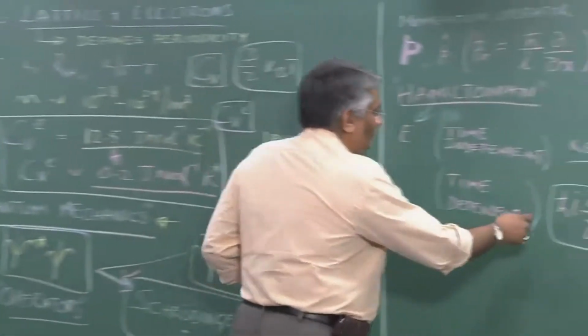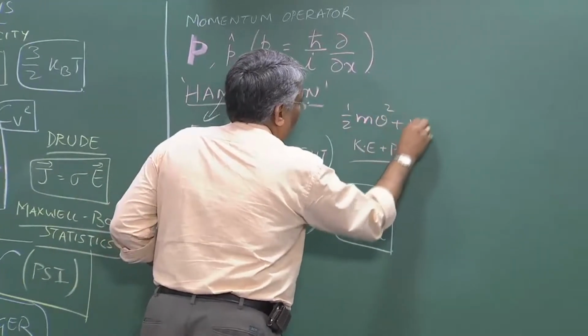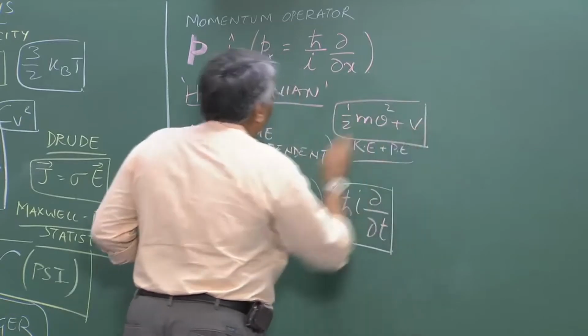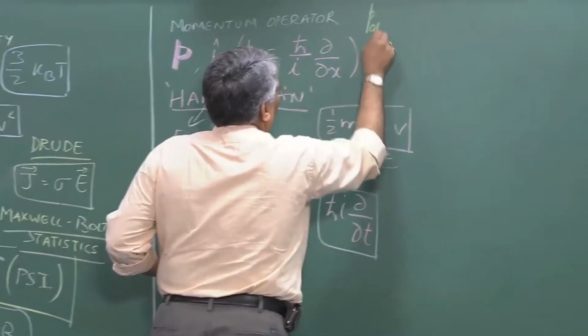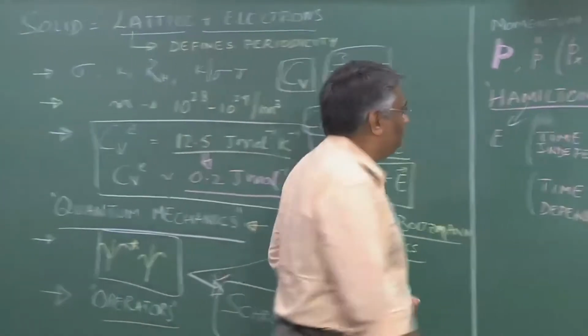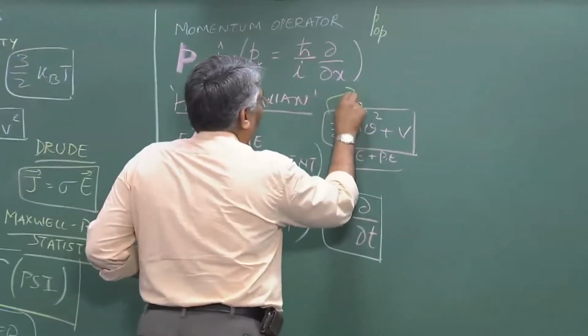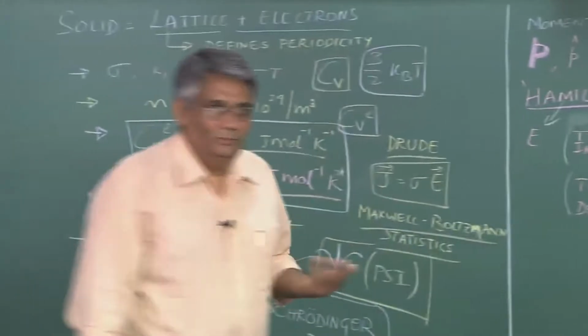Now, V is some potential. Now you call it operator OP. There is a momentum operator. I can write the kinetic energy part in terms of momentum, is it not?